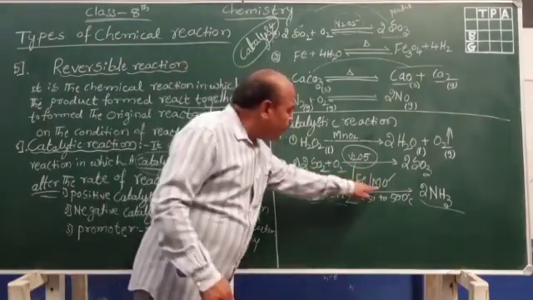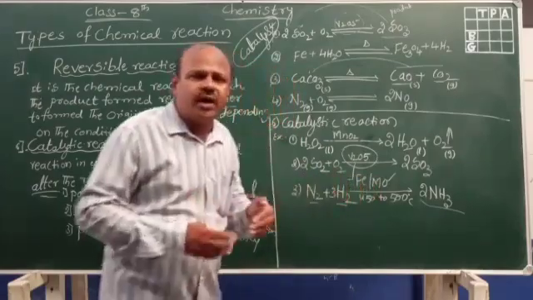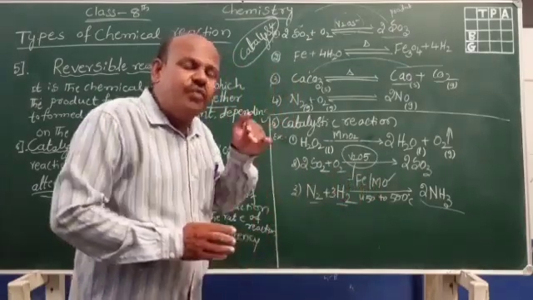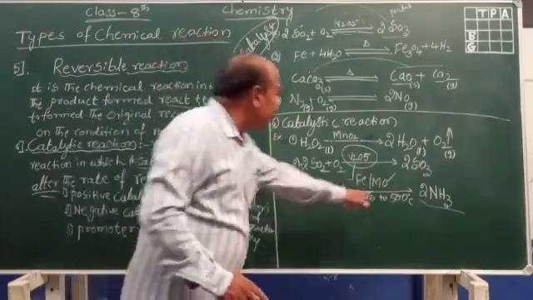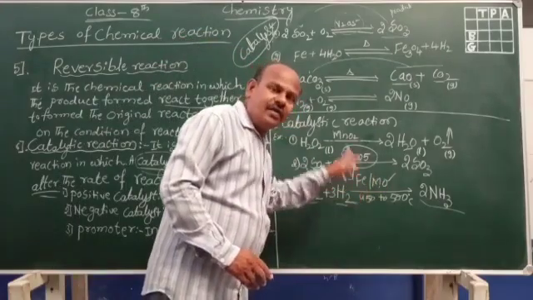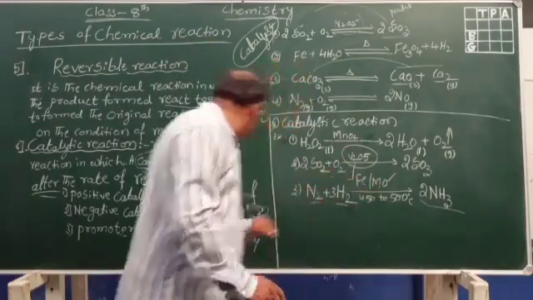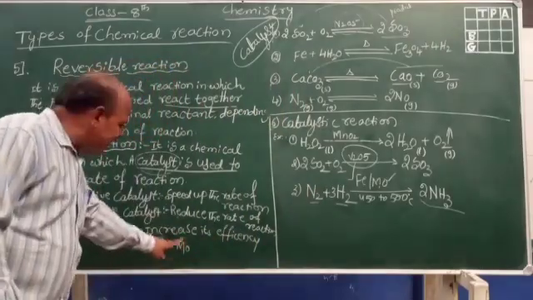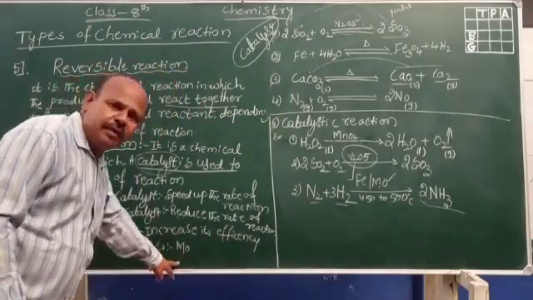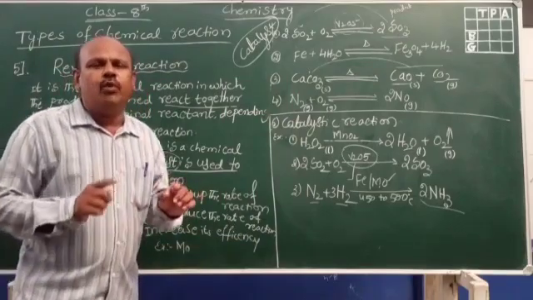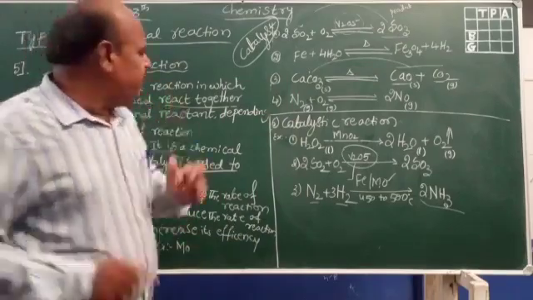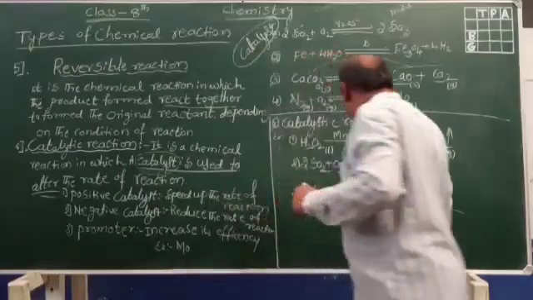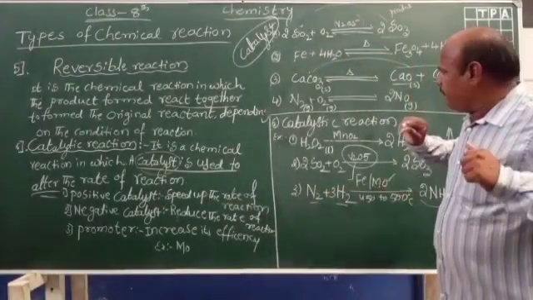Therefore, this is known as a promoter. A promoter is a substance which increases the efficiency of the catalyst. For example, molybdenum, Mo, means molybdenum. Therefore, here molybdenum is a promoter.